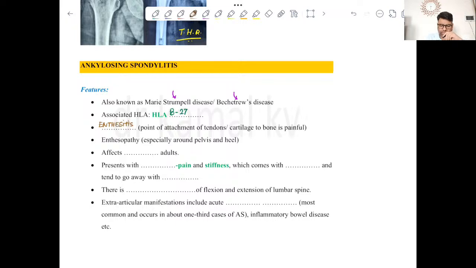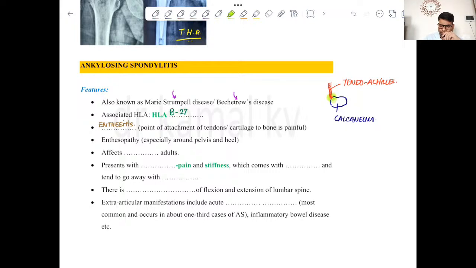Enthesitis means the point over the bone where there is attachment of any tendon, like the back of the heel. Suppose this is the calcaneum, this is the tendo Achilles, which is the tendon of the gastrocnemius muscle, and this area is known as the enthesis.